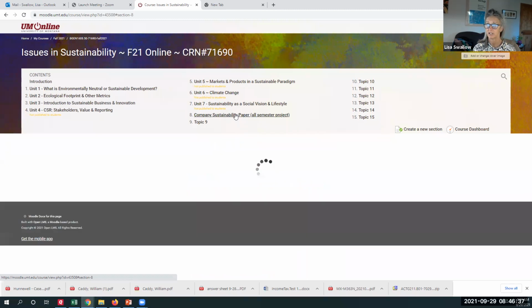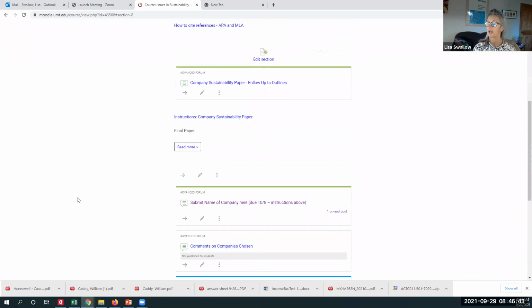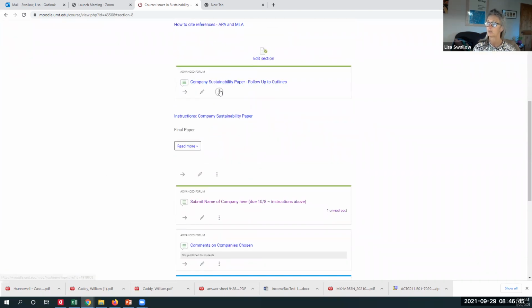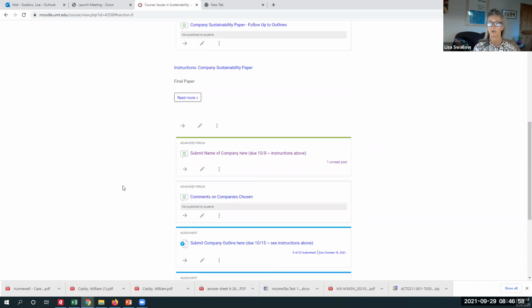You'll come into here. You'll see also, a little introduction to what it is, an introduction to what it is, instructions to the paper itself. And then in the instructions, there's a couple little follow-ups that you do before you launch into the actual project.